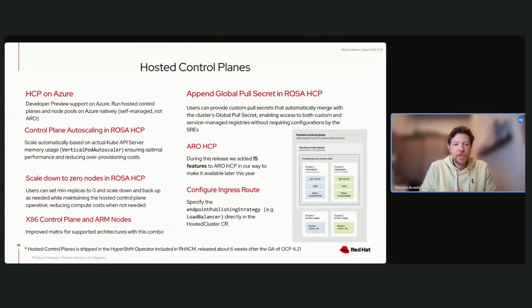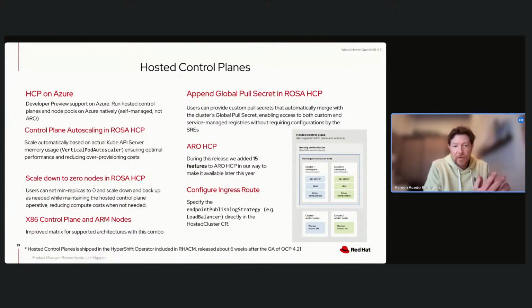We will use the vertical pod autoscaler, and there will be optimal performance, reducing overprovisioning with this dynamic, more or less, size for the containers of the control plane. Then scale down to 0 nodes in ROSA hosted control planes. This is basically to allow the SREs to scale to 0.